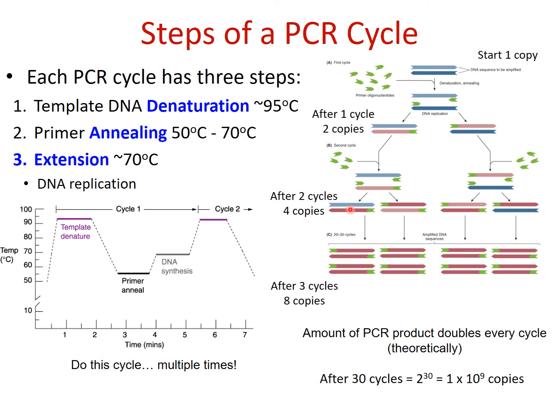So now we have 4 copies. If we go through 3 cycles, we will have 8 copies. And so theoretically, the amount of PCR product will double every cycle. So after 30 cycles, you have 2 to the 30th, or about 10 to the 9th copies of your DNA.